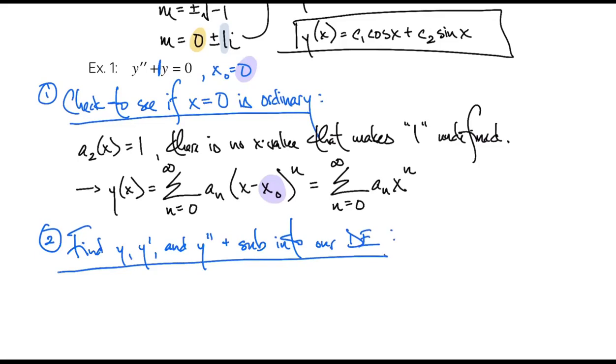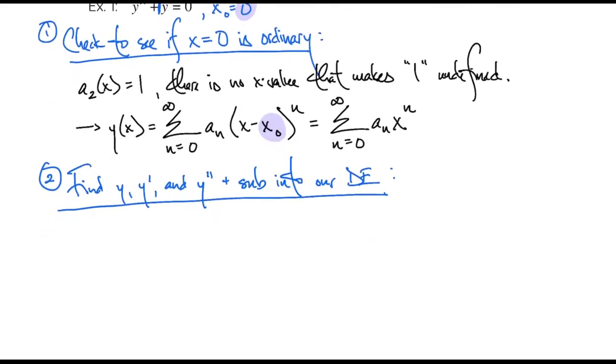This step should feel super familiar, like the kind we did when we went to the table and we guessed that it's going to be a cosine x plus b cosine x. And then we had to find the derivative and then the second derivative and then plug them all back in and see what makes it equal, right? This is going to be a lot more like that, except we'll just have a lot more things to write, okay?